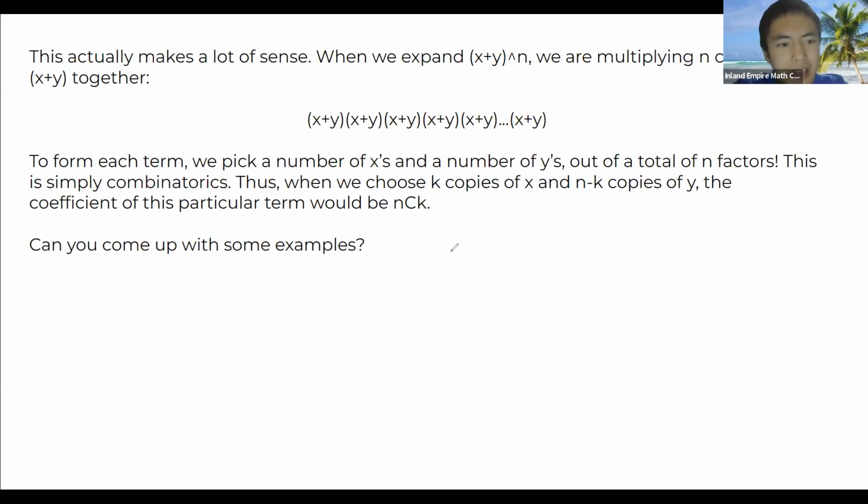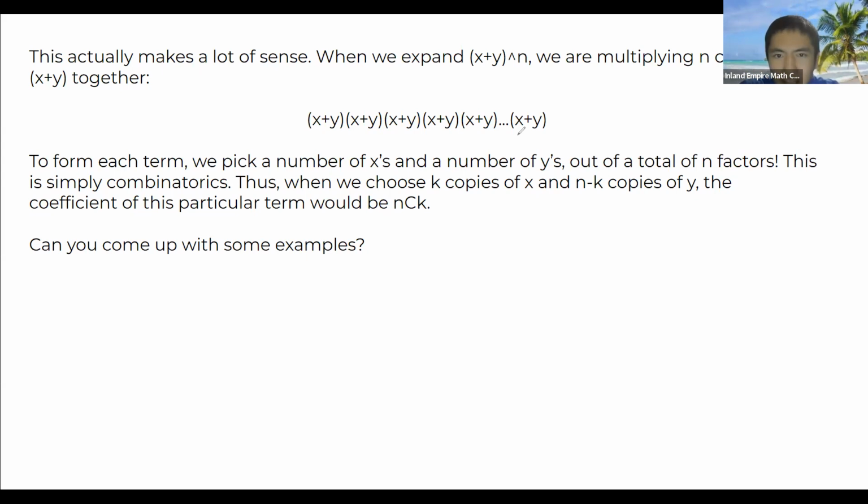And to form each term, you pick a number of x's and a number of y's out of a total of n factors. This is simply combinatorics. It's just combinations. So that means when we choose k copies of x and choose the remaining copies of y, the coefficient of this particular term would be n choose k, right?